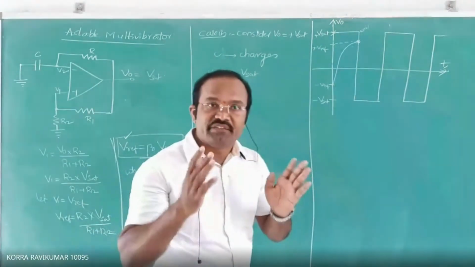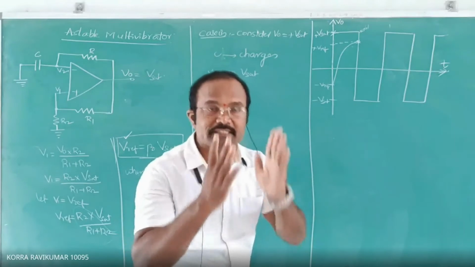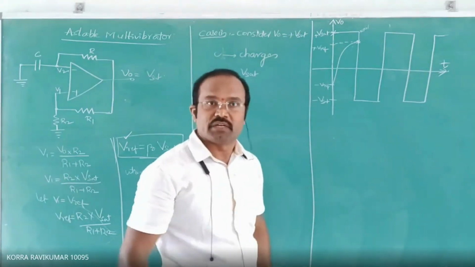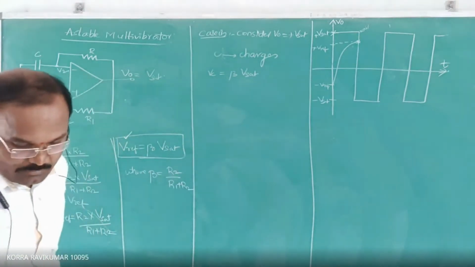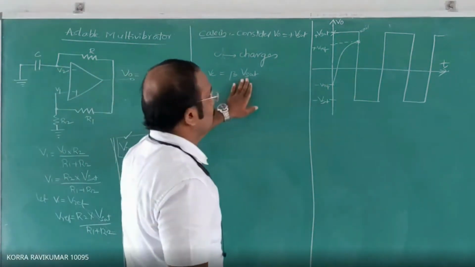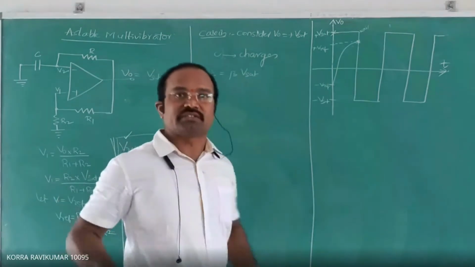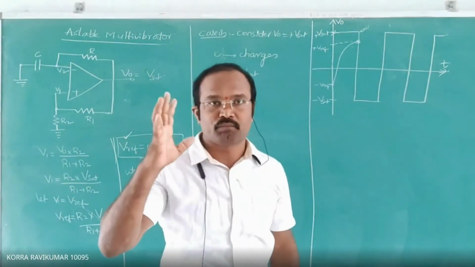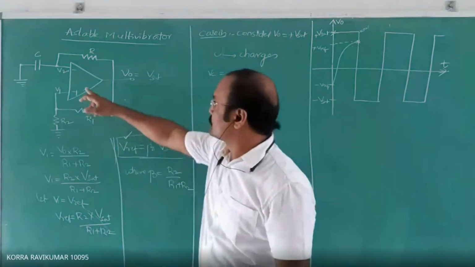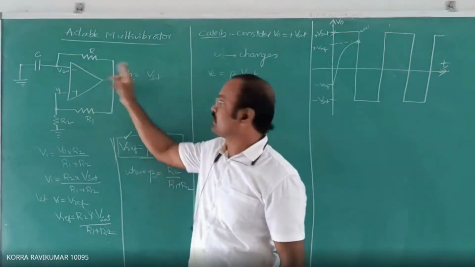Now, if you want to increase it beyond V reference, for example, suppose you want to charge the capacitor further. Already it is charged fully. Even if you force it with your V saturation voltage, what is the voltage here?